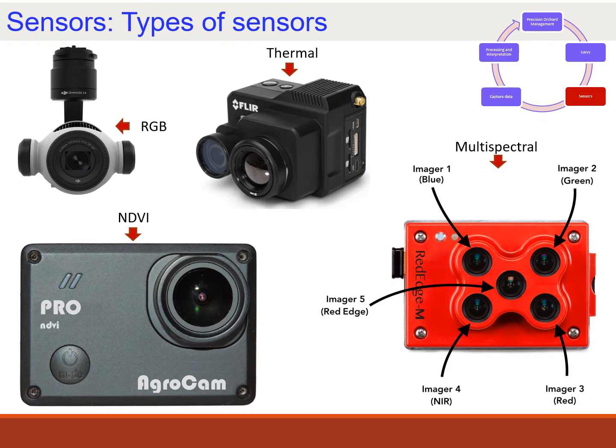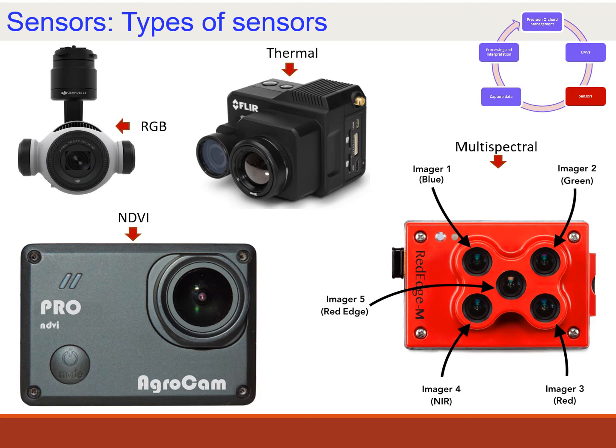There are different types of sensors available, and depending on the need and the objective, one can choose different sensors. For example, for high resolution regular images, there are several cameras available to put on your UAVs. There are also thermal cameras available to look at temperature changes in the canopy and vegetation.